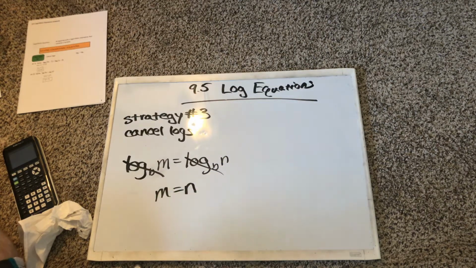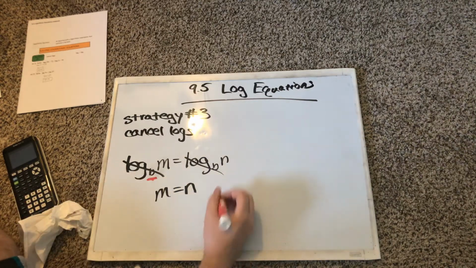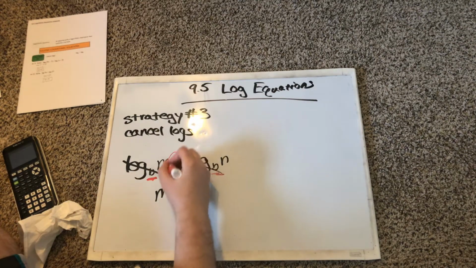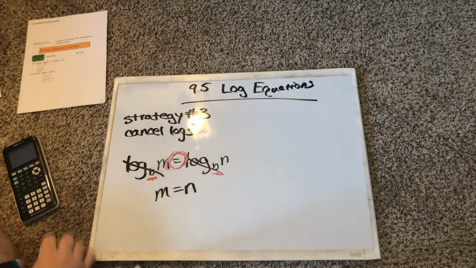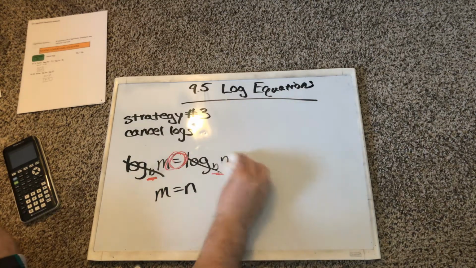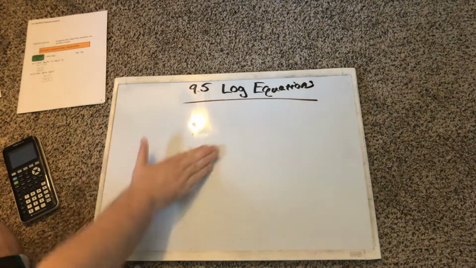Now, what you need for this is the bases being exactly the same, and you have to have this equal sign. If you don't have that equal sign, you can't just drop logs out of nowhere. That's crazy. Gotta have logs on both sides in order to cancel.